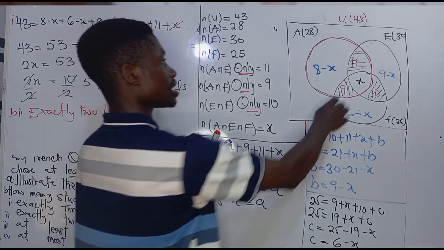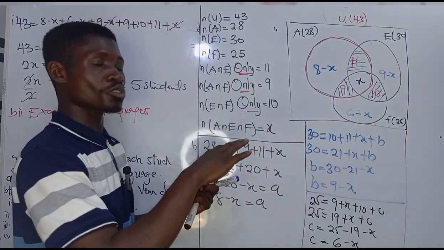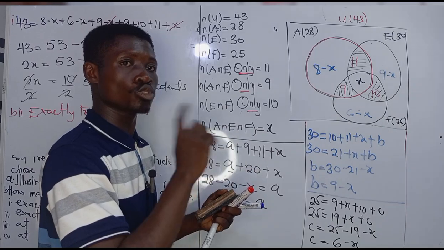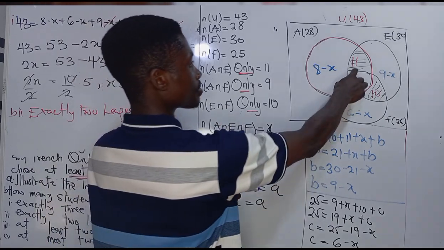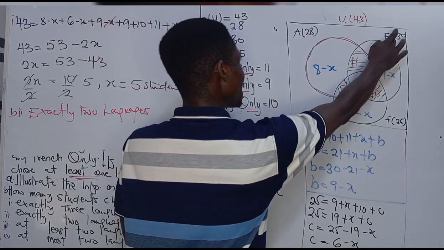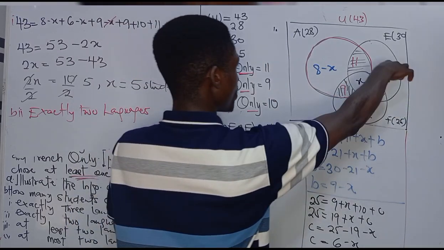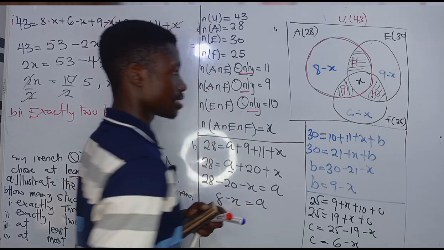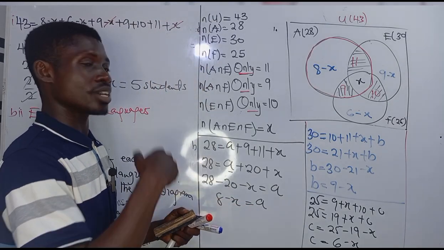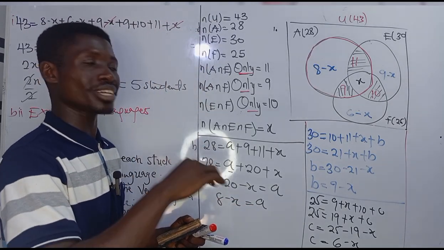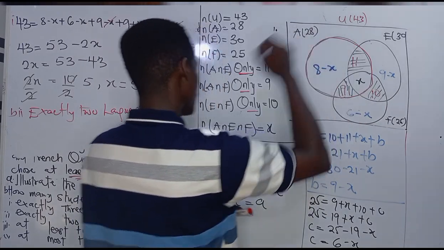So the shaded region represents the number of students who choose exactly 2 languages, because this region represents Arabic and English only. This region represents Arabic and French only. And then this region represents English and French only. So exactly 2 languages, then we are looking at the summation of all these regions.